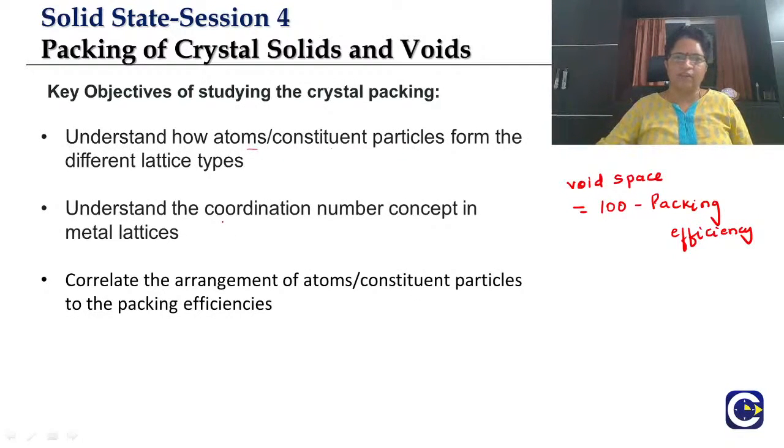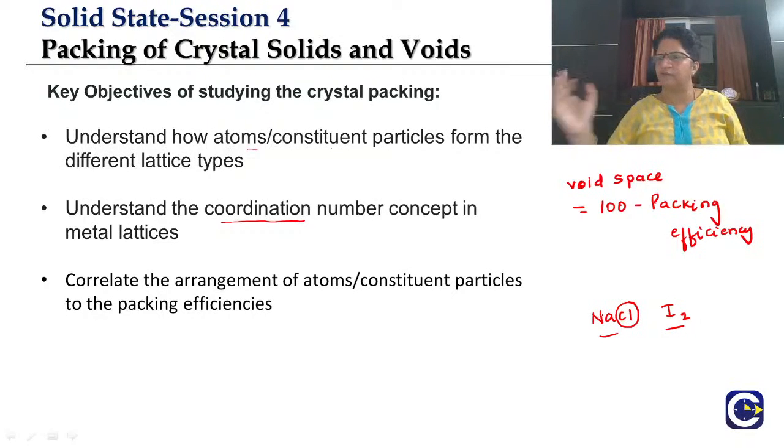And what do we mean by the coordination number? If I take sodium chloride, or let me take an iodine solid as an example, 2 different examples I am taking. The number of nearest opposite neighbors, that is the number of chloride ions which surround the sodium ions, or the number of sodium ions surrounding the chloride ions, will give us what is called the coordination number.